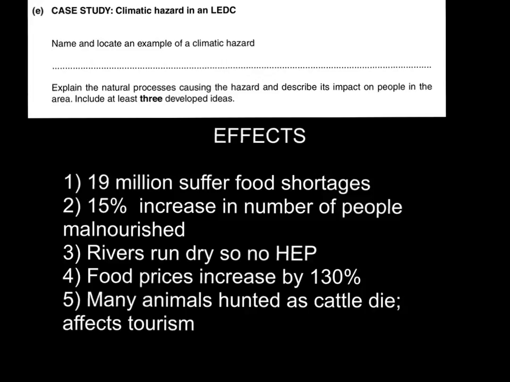Now, if you can't hunt cattle, the next best thing are basically wild game. Things like elephants, buffalo, bison, whatever, they're hunted, and a large number of quite rare endangered animals were killed primarily for meat. That has a knock-on impact then on the tourist trade, which is another major earner of income, and that's going to create real economic problems.